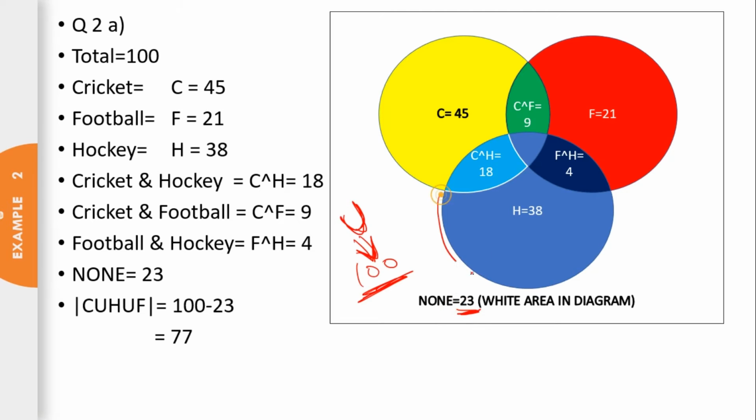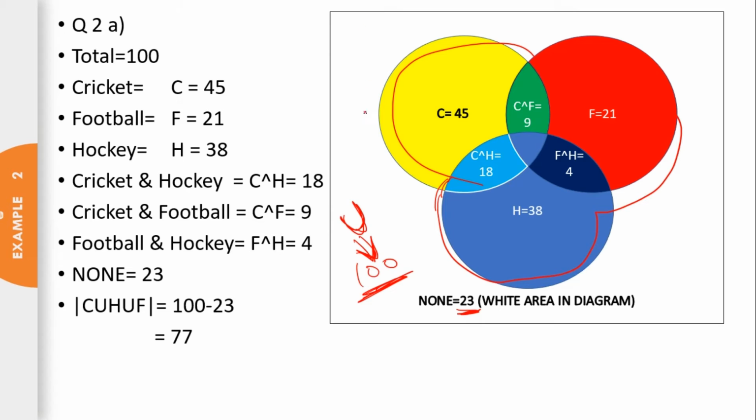This portion is termed as C union H union F, that is people who are playing either cricket or football or hockey or all. So we just have to calculate this portion, then we can proceed to calculate our remaining portions.